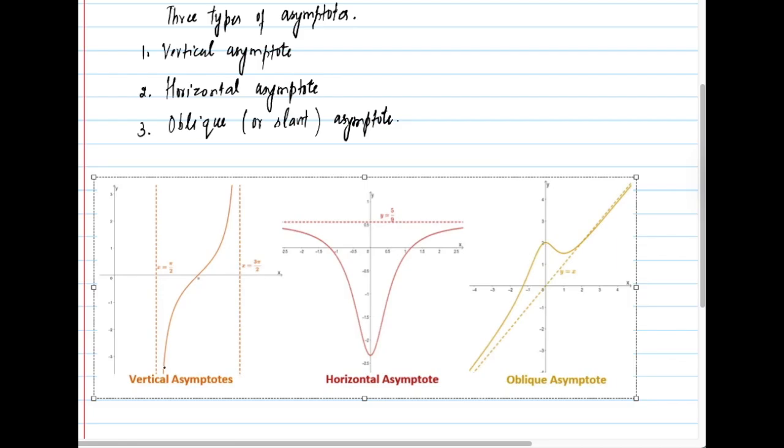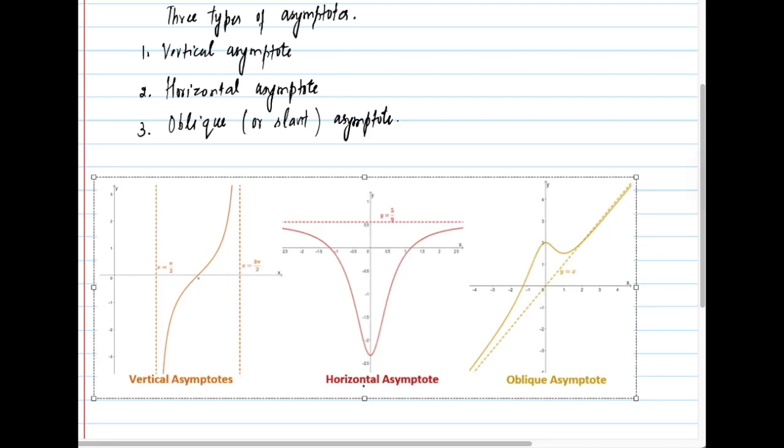Similarly, the distance between the line x equal to 3 pi by 2 and the curve approaches 0 as y goes to minus infinity, and also as y goes to plus infinity. So the line x equal to pi by 2 is a vertical asymptote to this curve, and x equal to 3 pi by 2 is also a vertical asymptote to this curve.